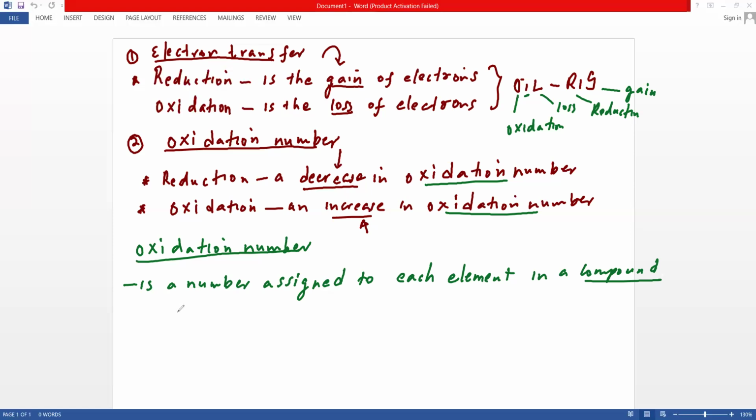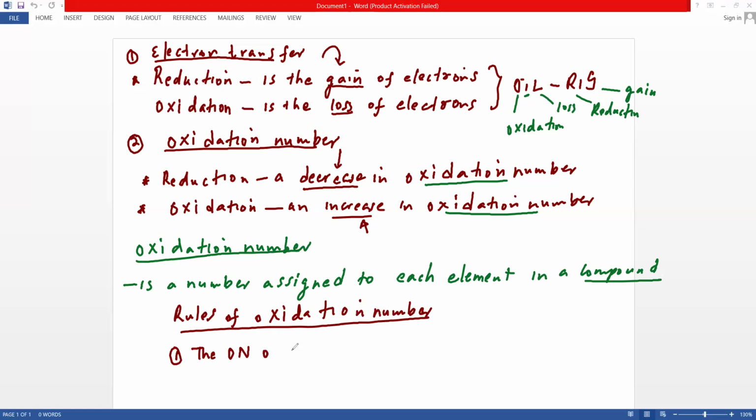Let's talk about the rules of oxidation number. Rule number 1: the oxidation number of a pure element is 0.